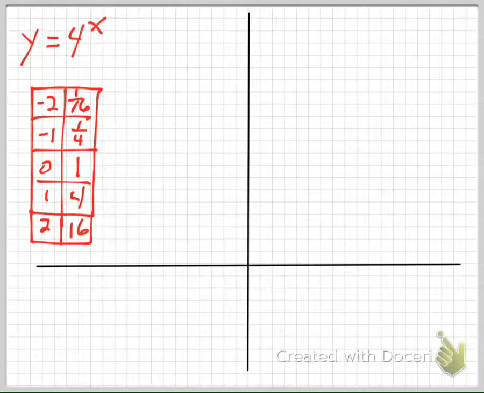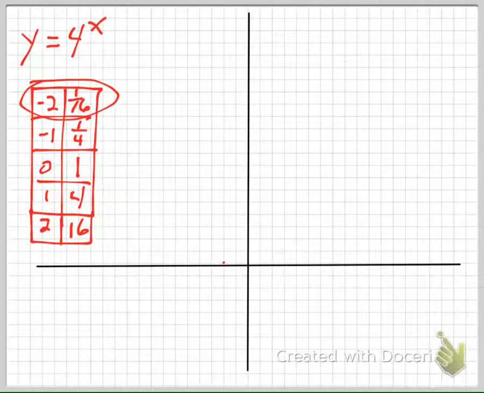Can we graph this now? -2 and 1/16. I got to make this much smaller. Okay, -2 and a 16th. That's way too far away from the line, but that's as close as I can get it.